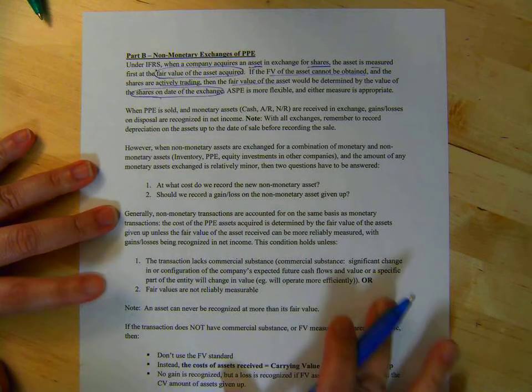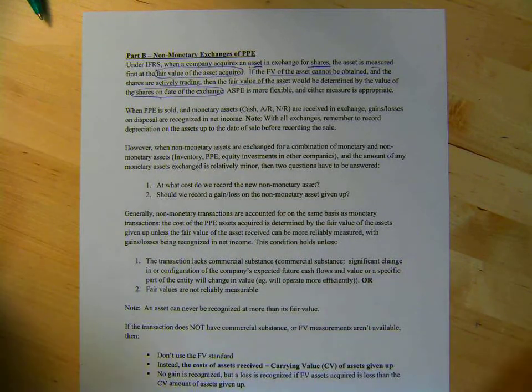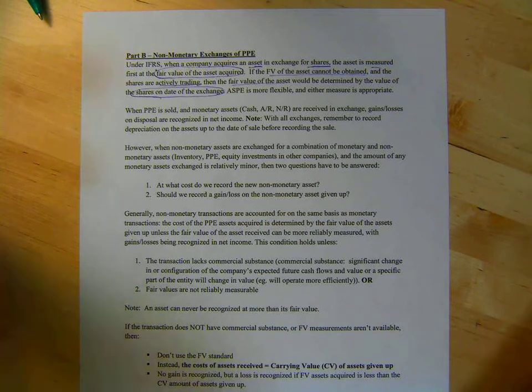Okay? So if you get equipment and some of your shares as payment, if it's just regular equipment being sold the same everywhere, you can probably estimate the fair value fairly accurately.